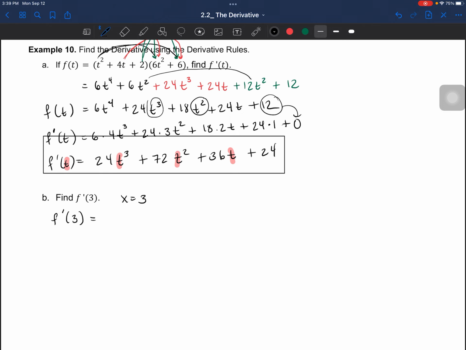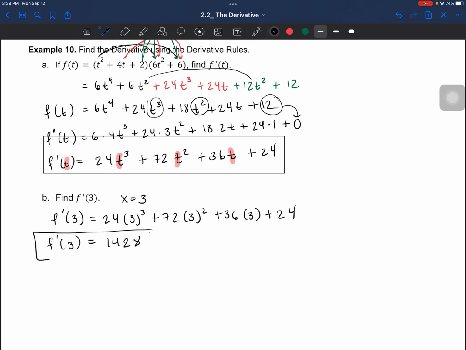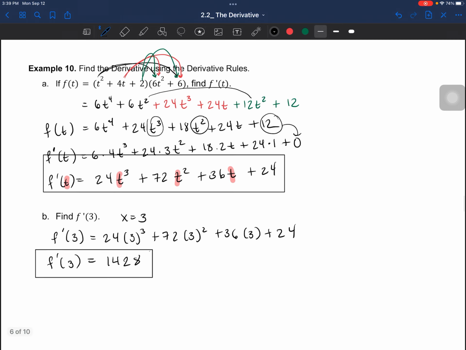So 3 for t, and we have 24 times 3 cubed plus 72 times 3 squared plus 36 times 3 plus 24. Now this can be typed into the calculator exactly as it is, and will give us 1,428. There you go. And we found f prime of 3.